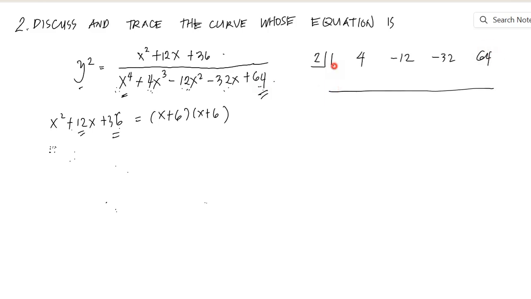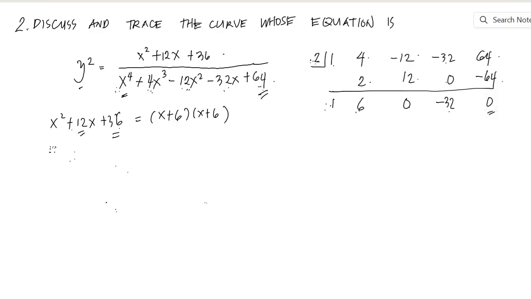We bring down 1. We multiply 2 times 1, that is 2, so 4 plus 2 is 6. 2 times 6 is 12, negative 12 and positive 12 is 0. 2 times 0 is 0, so negative 32 plus 0 is negative 32. 2 times negative 32 is negative 64, and 64 minus 64 is 0.